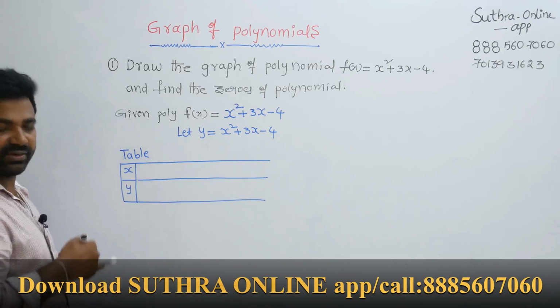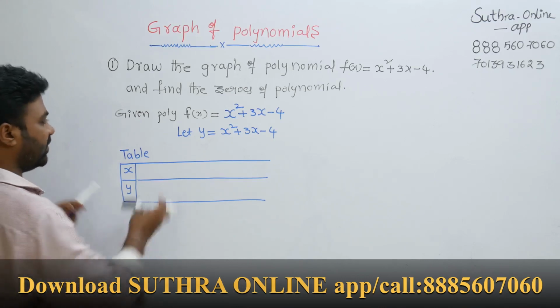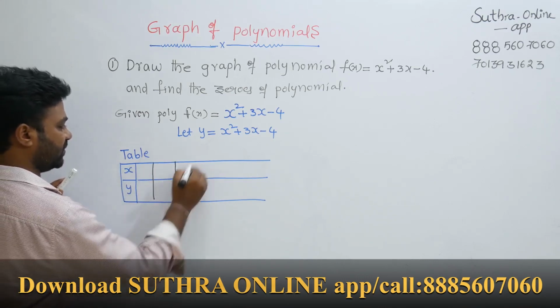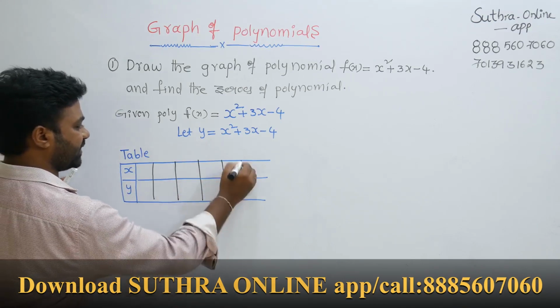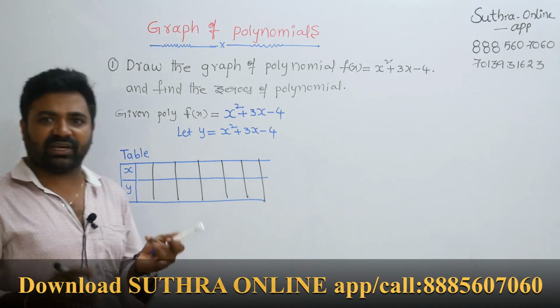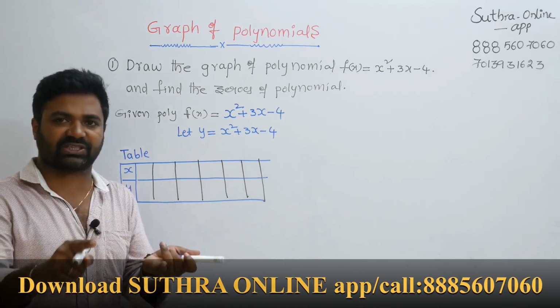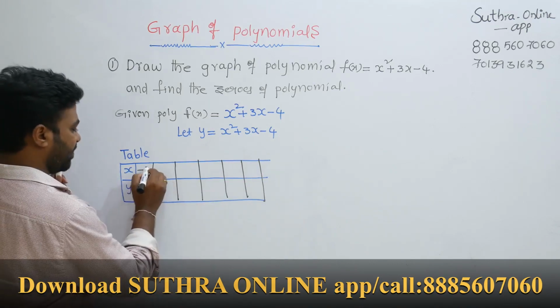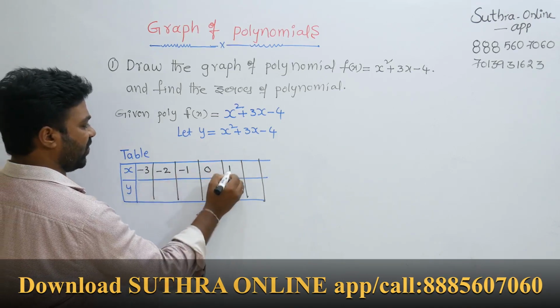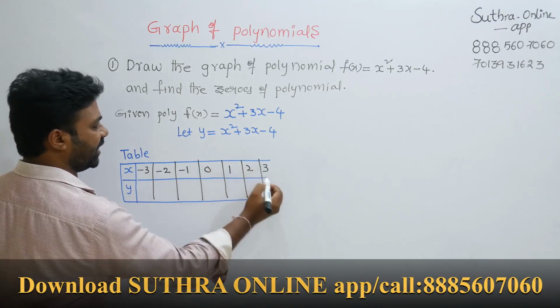Now here x is equal to, listen, in these boxes we can take, every time, minus 3 to plus 3. I am taking minus 3, minus 2, minus 1, 0, 1, 2, 3.